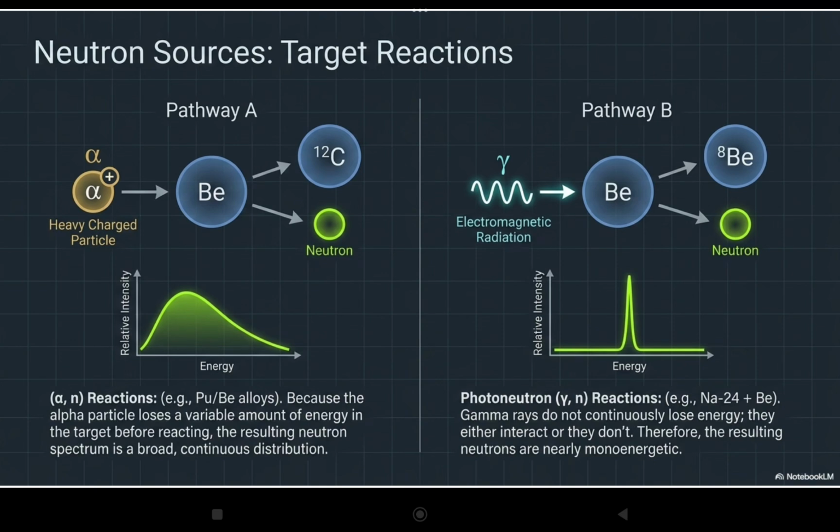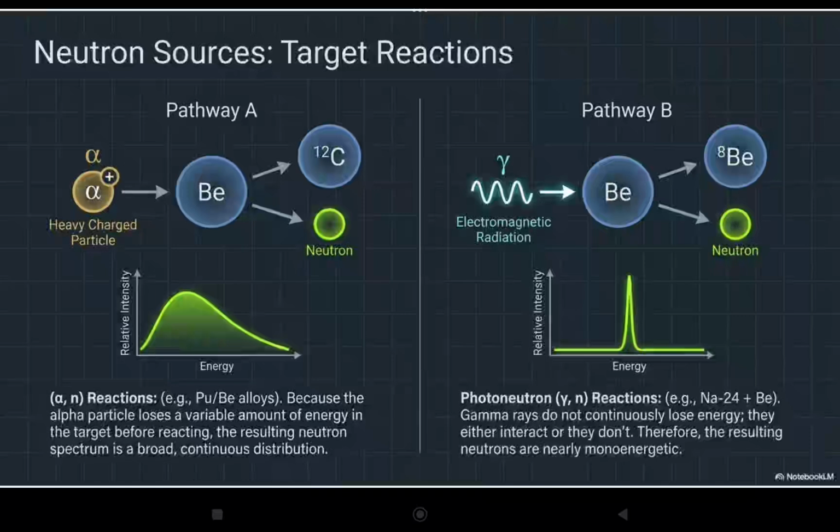Neutrons can also be produced by target reactions, and there are two major pathways to remember. In an alpha-n reaction, an alpha particle interacts with a light nucleus such as beryllium, and because the alpha loses varying amounts of energy before reacting, the resulting neutron spectrum is broad and continuous.